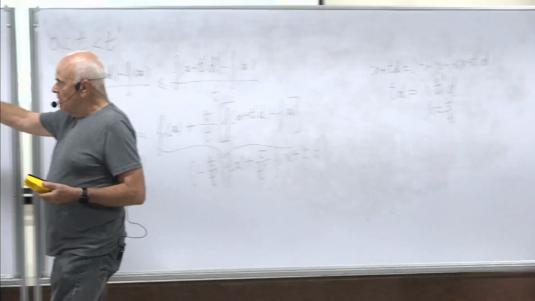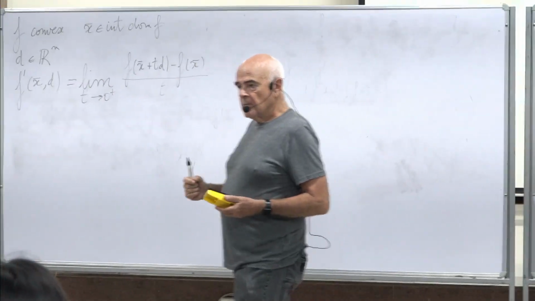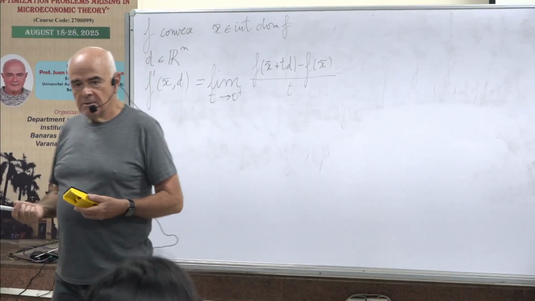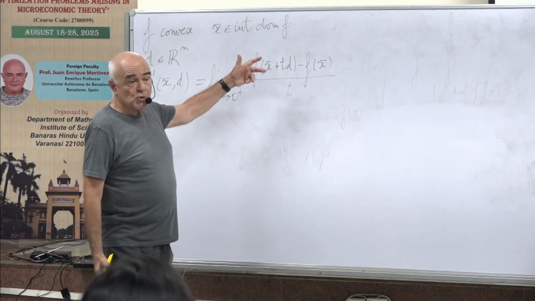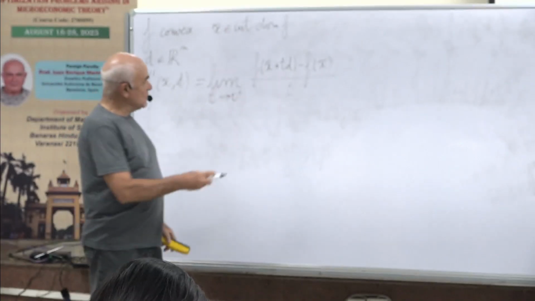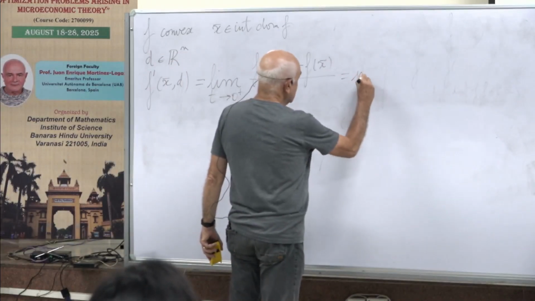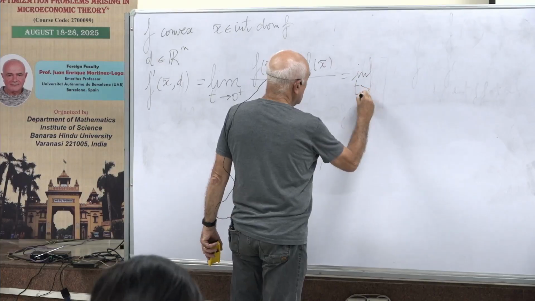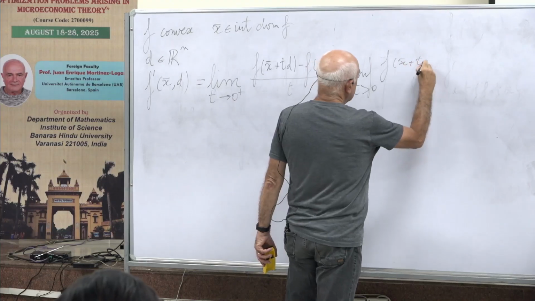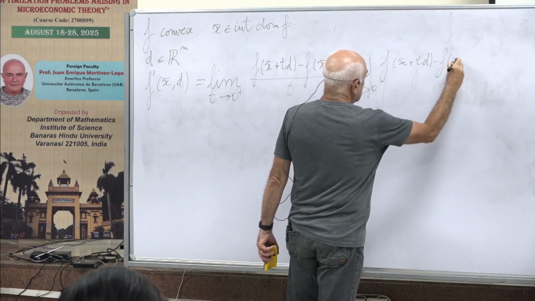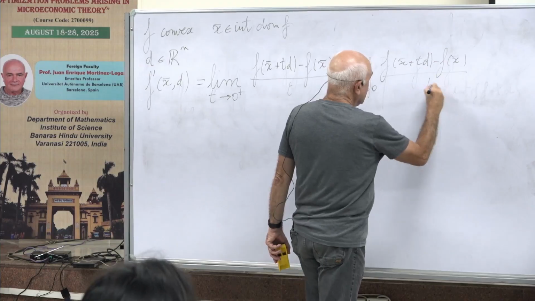This incremental quotient depends increasingly on t. So the limit exists because it's actually an infimum. So you can write this, if you prefer, as the infimum over t positive of f of x bar plus td minus f of x bar, divided by t.